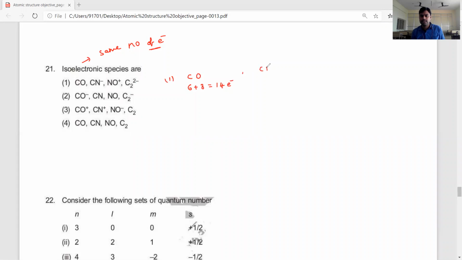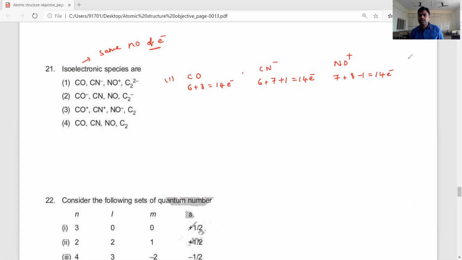And CN minus: carbon 6, nitrogen 7, and one unit negative charge means 1 extra electron, equal to 14 electrons. Next, NO plus: one unit positive charge means it lost 1 electron. Nitrogen 7, oxygen 8, minus 1 is equal to 14 electrons.